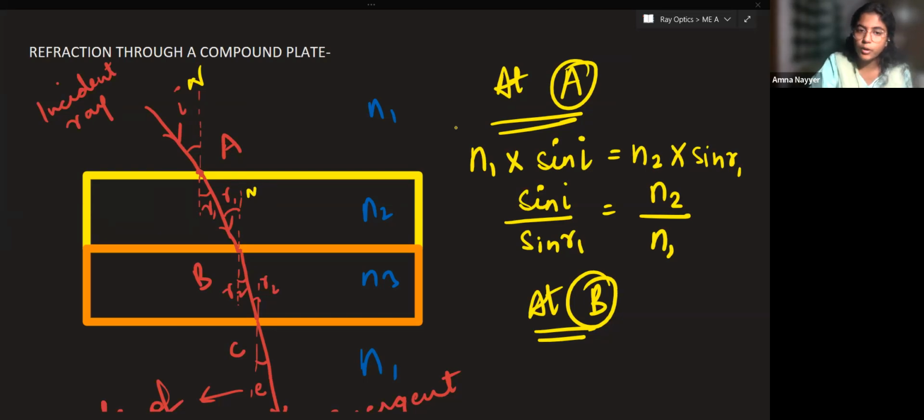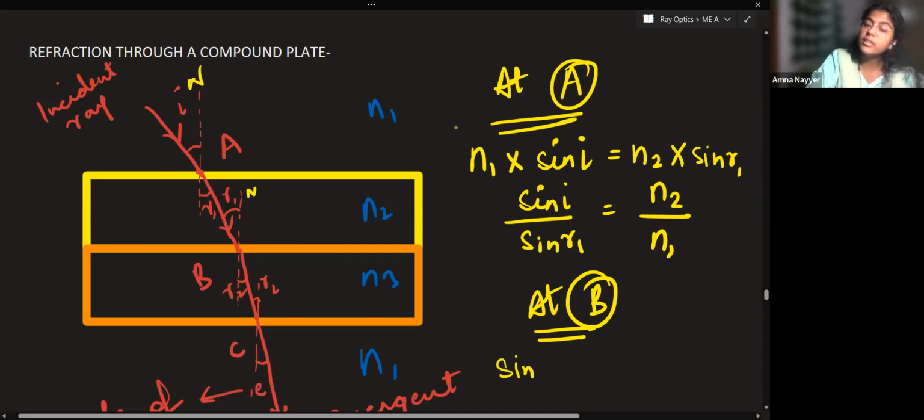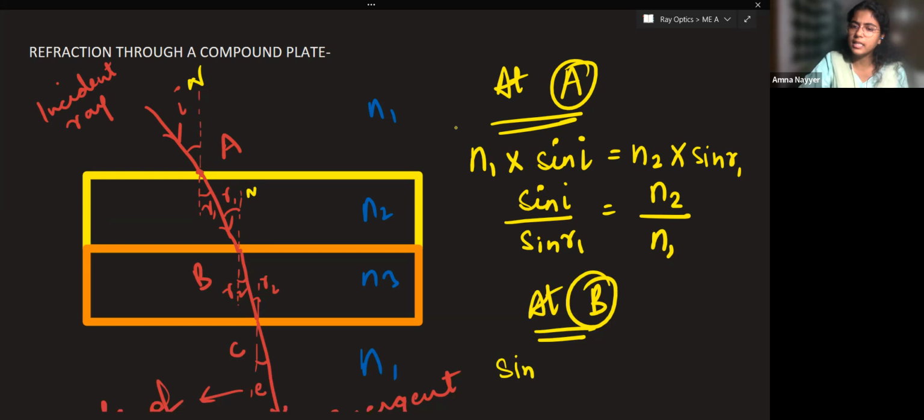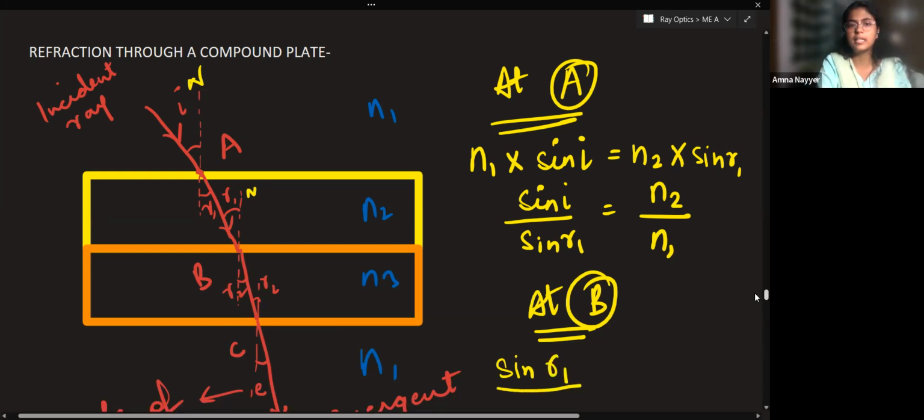Now coming to this point B. Now angle of incidence for this point B is what? For this point B, you have angle of incidence as R1. This R1 is acting now as the angle of incidence. So same thing, sine R1 by sine R2 will come now.